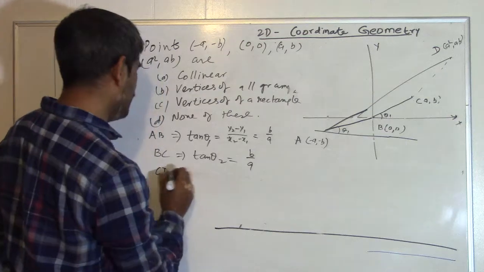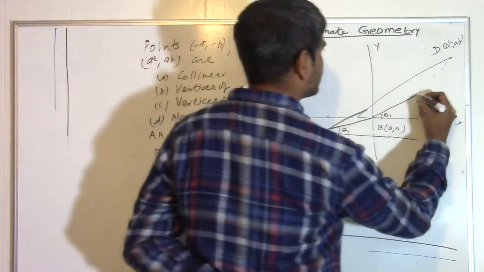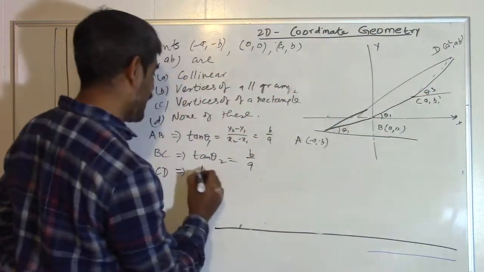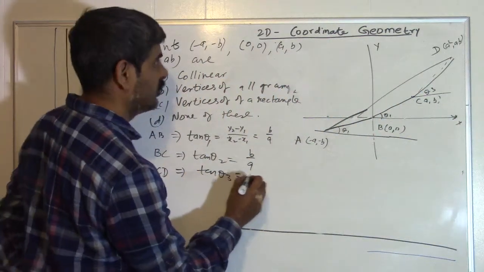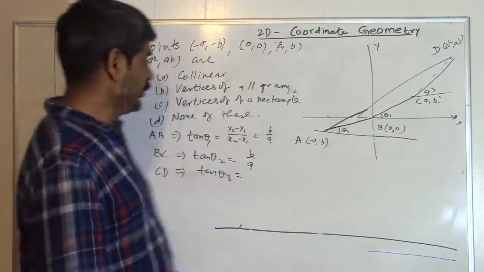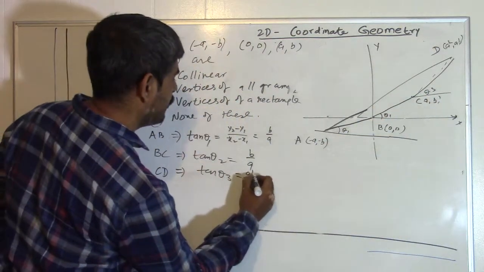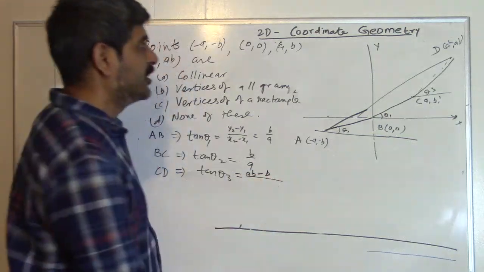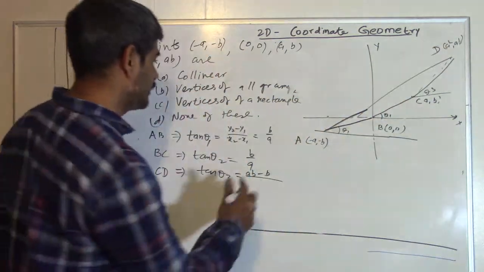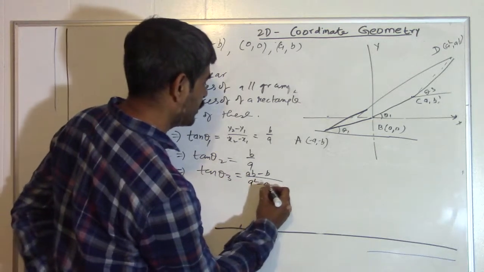For point CD, if this angle is theta 3, then tan theta 3 will be equal to y2 minus y1 divided by x2 minus x1, that is, AB minus B divided by a square minus a.